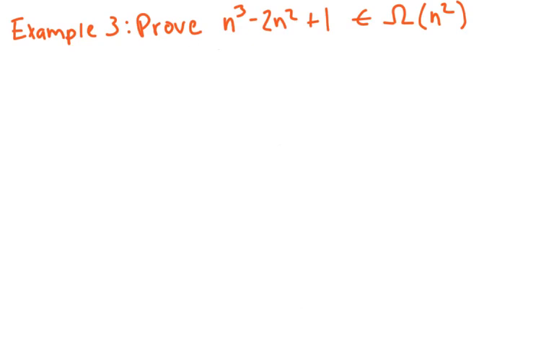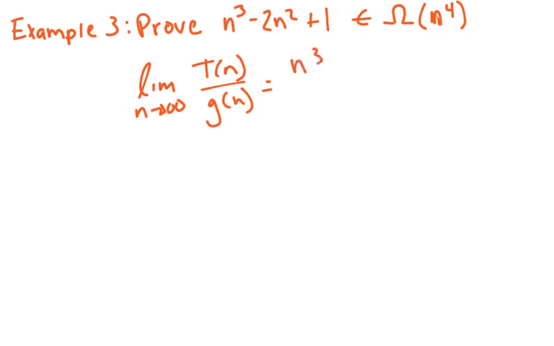Okay, so, oh no, come here. Okay, let's go ahead and say n to the 4th. So this should not be the case at all. So let's go ahead and try to solve. So limit as n goes to infinity of t of n over g of n. So this is going to be, again, n cubed minus 2n squared plus 1 over n to the 4th.